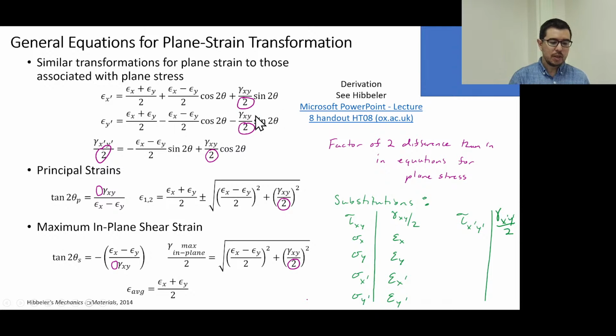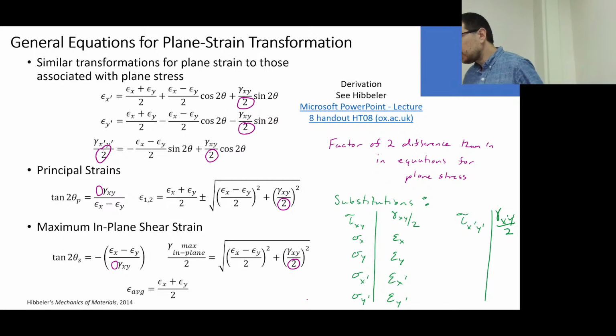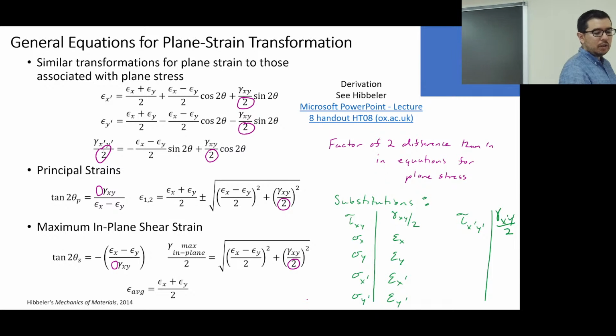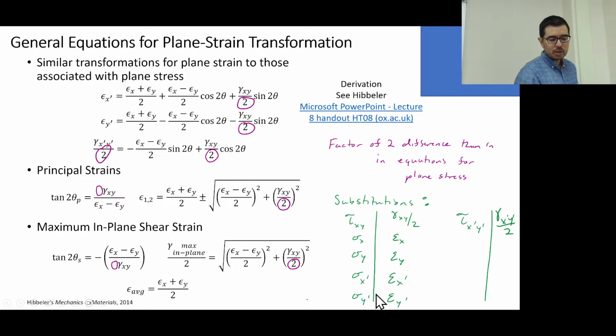Going from the equations that we had for the plane stress transformations to the equations for plane strain, you just flip all the normal components, swapping the sigma for an epsilon, except for the tau and the gamma. Okay. Any questions on this?